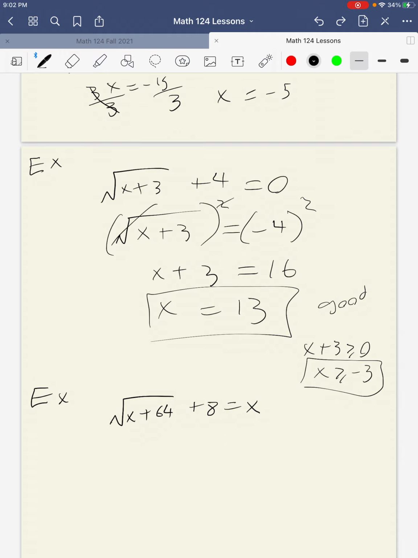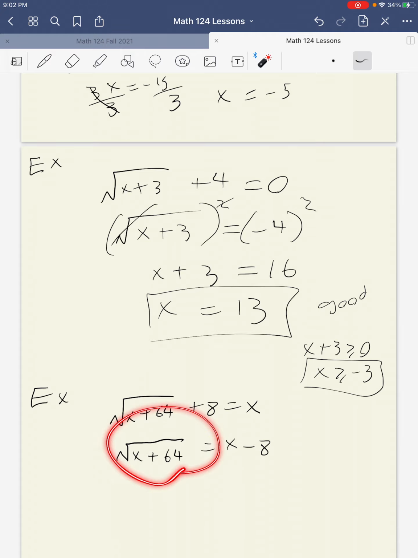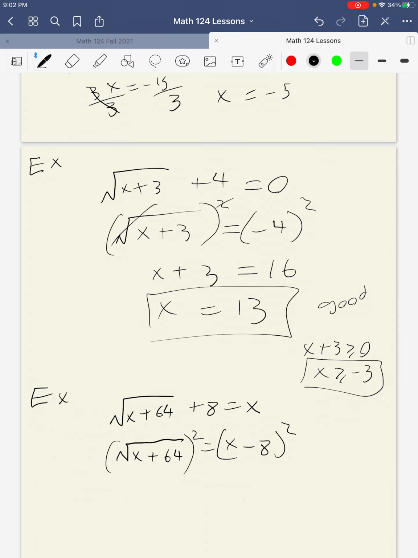The wise thing to do is to get the radical by itself. So I will minus the 8 to the other side. And now that this radical is by itself, it's wise to square both sides now, because then the radical will cancel out. So now these cancel out, but we have to FOIL this out, right?